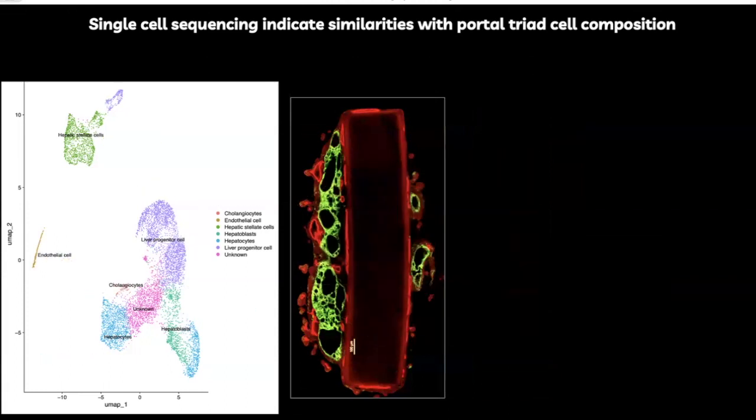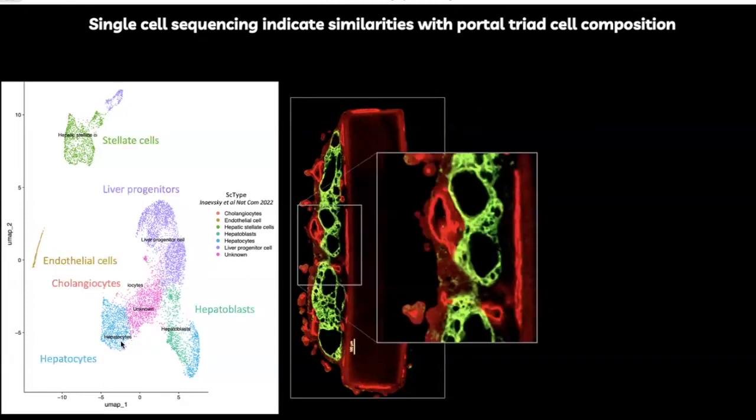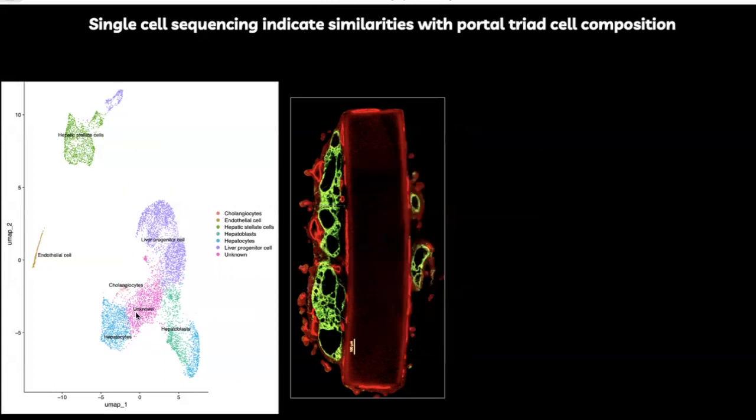I missed the, oh yeah, here is the labeling. Okay, so the cholangiocytes are actually these purple or pinkish cells here, but we also had hepatocytes. We also had liver progenitor cells. We had, of course, hepatoblasts, because we started with the hepatoblasts. But at the same time, we also had endothelial cells, and we had hepatic stellate cells and some unknown clusters.